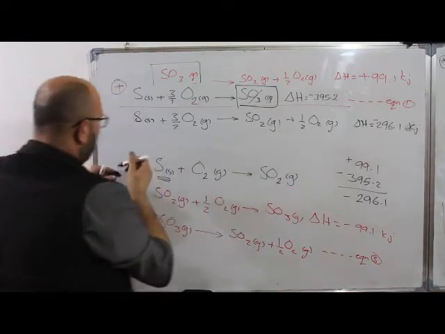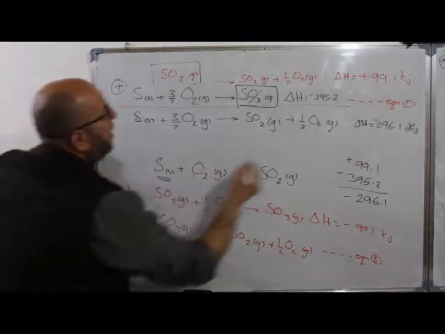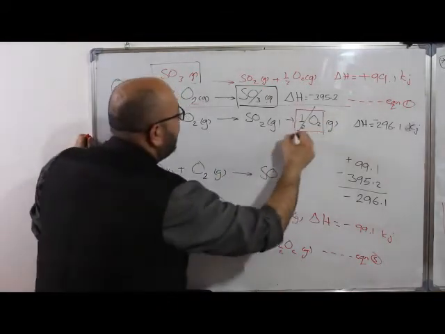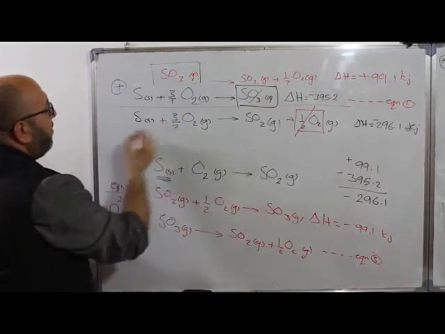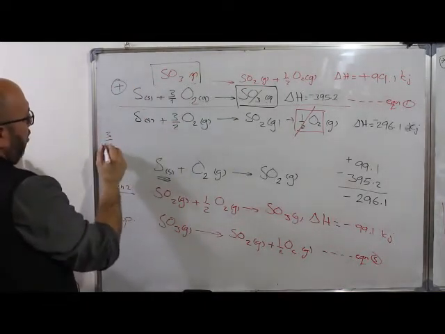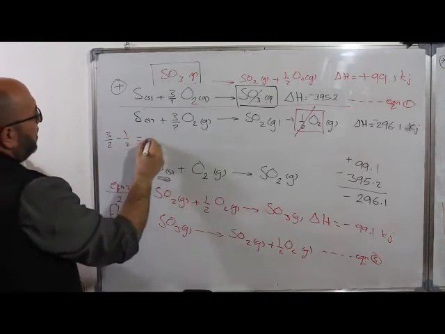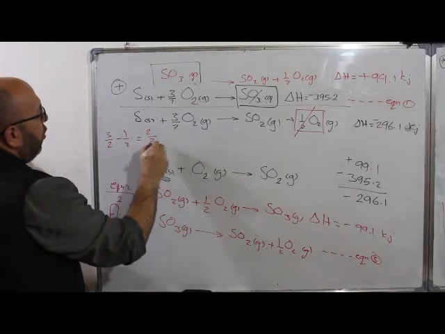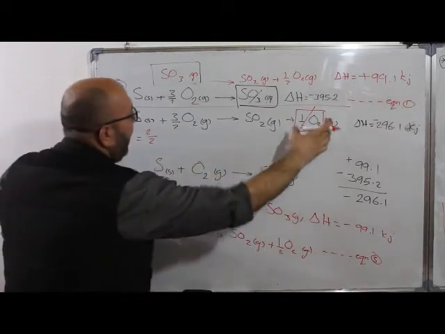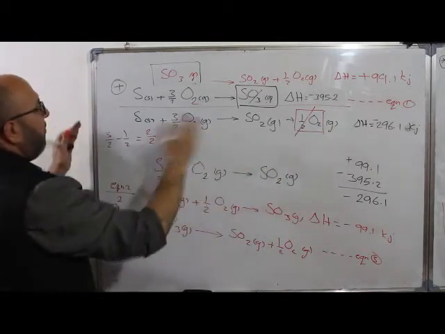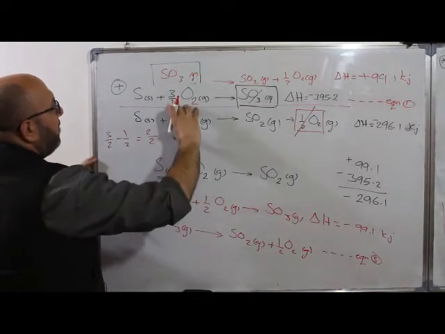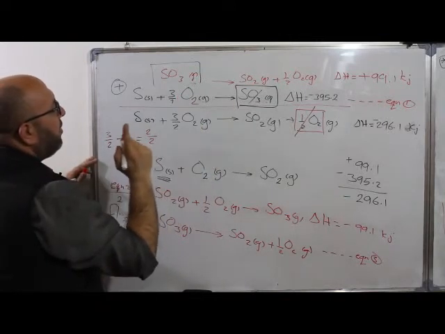If we cancel those, oxygen here is cancelled, and what's left up? 3 over 2 minus 1 over 2. What's the answer? The answer is 2 over 2. After taking that amount of both sides, what's left up here is just 1 O2.